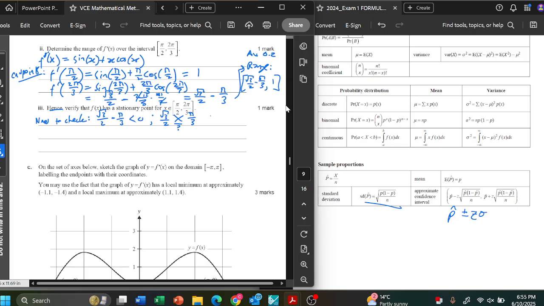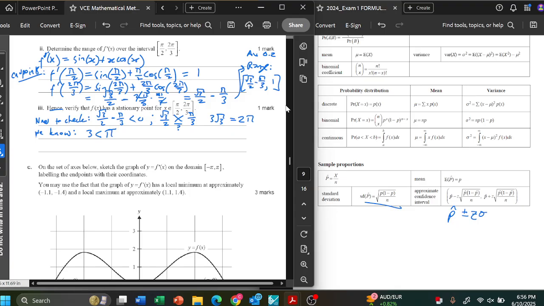This gives us that 3 times root 3 is equal to 2 times pi. That is correct. So looking at these two things, we know that 3 is less than pi.